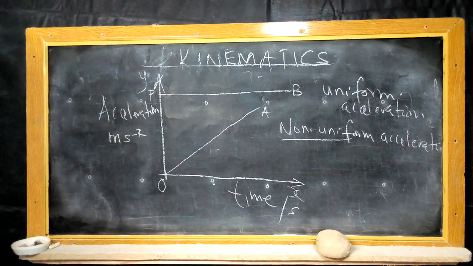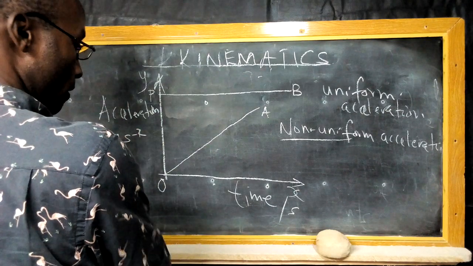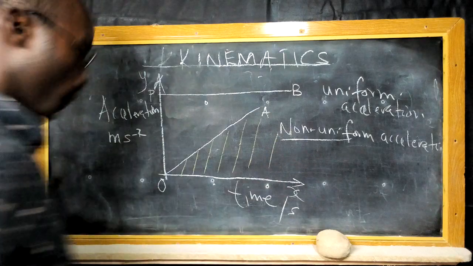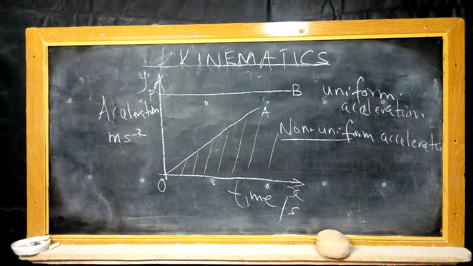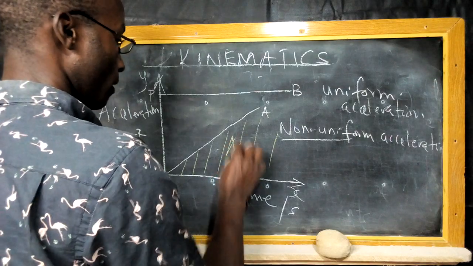In this case, the area under this graph will represent the change in velocity.